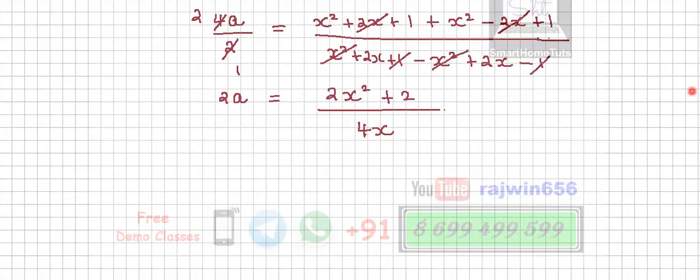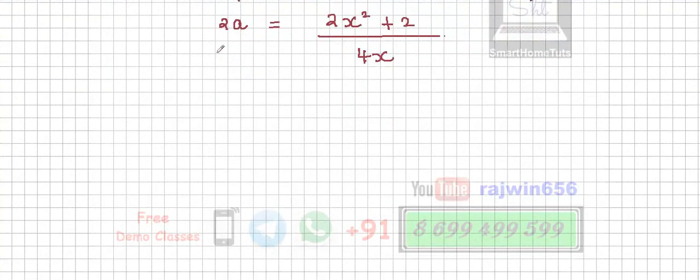You can see over here 2 is common everywhere. So these are the terms that we have got. Now from the numerator here 2 is common. So this will become 2a is equal to, I'm taking this 2 common.